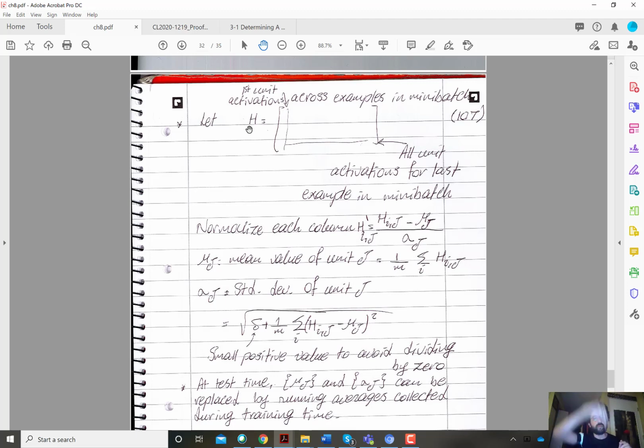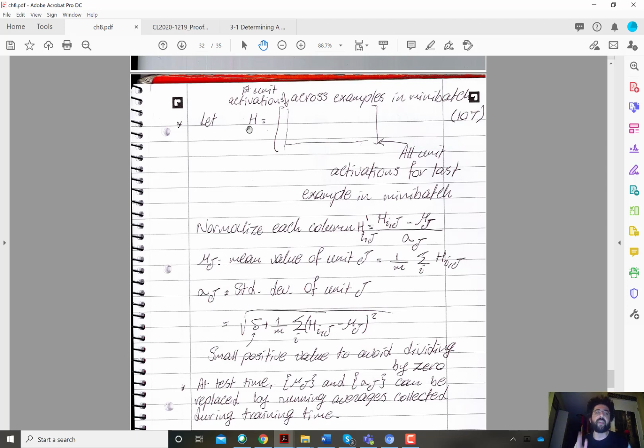One column corresponds to the activations for one unit across different examples, and one row corresponds to the activations for one example across all the units. Okay, so one row spans all the units and just one example. One column is one unit.